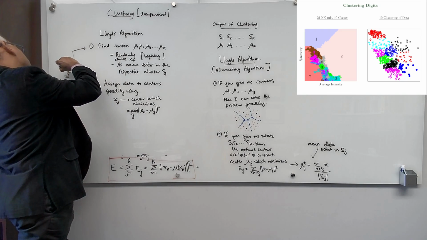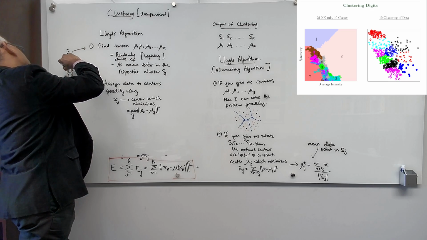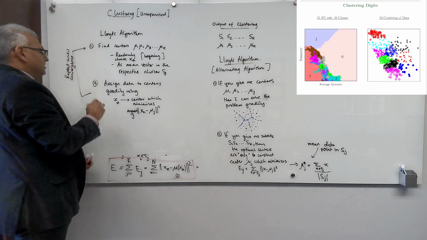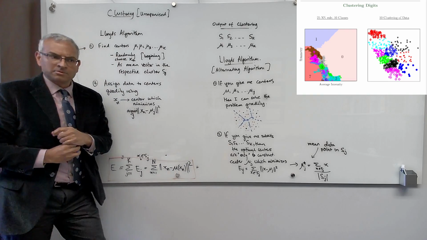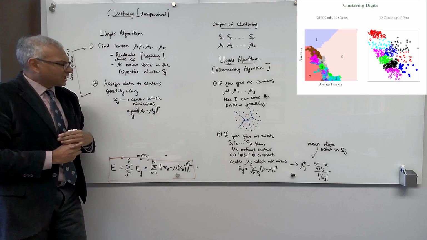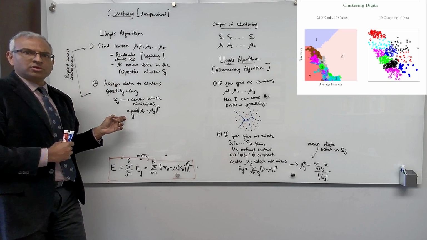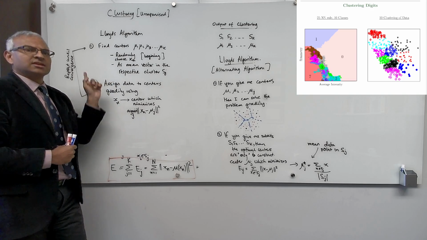repeat until convergence. I go back and recompute the centers according to the mean vector of the corresponding clusters. Then I reassign data points to centers. Then I recompute new centers as means, reassign, and so on.